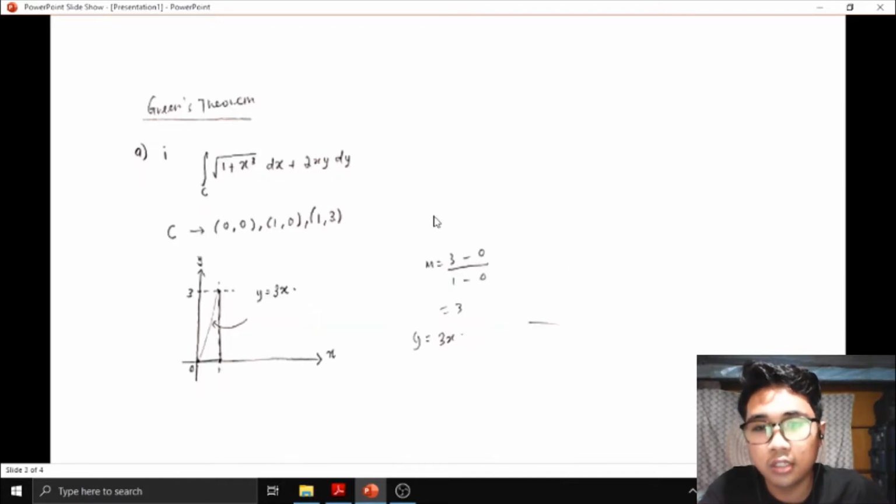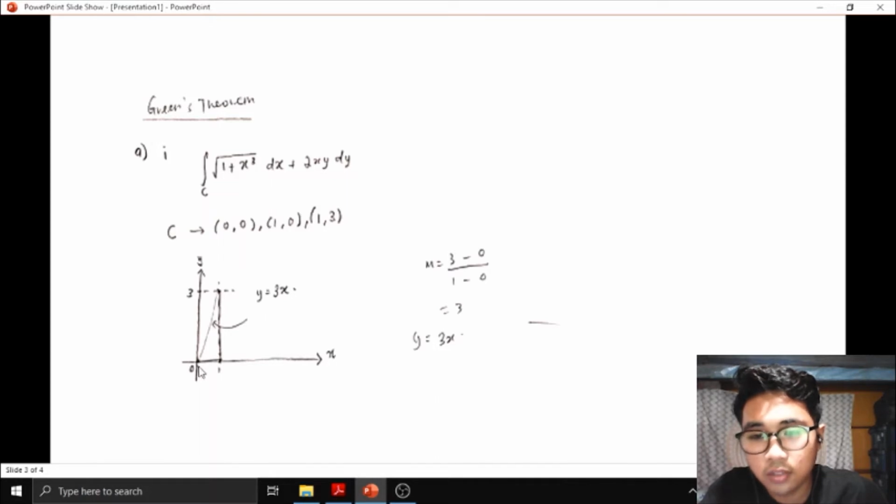Okay, this is the line integral given. First, we need to sketch the graph. For this question, we just need to plot three points or vertices: (0, 0), (1, 0), and (1, 3).